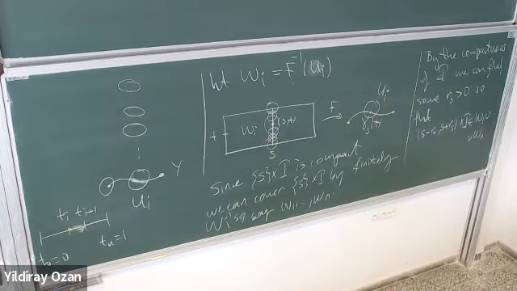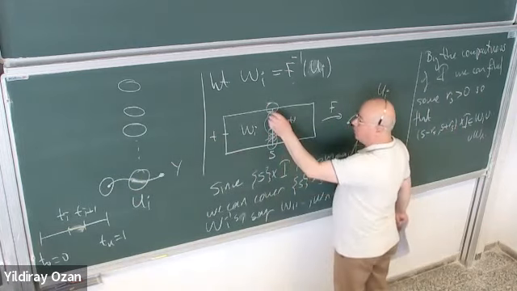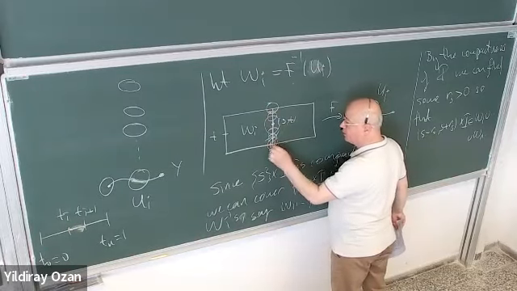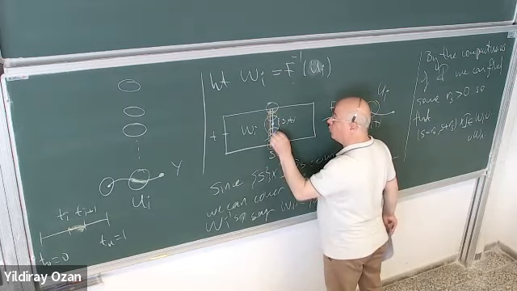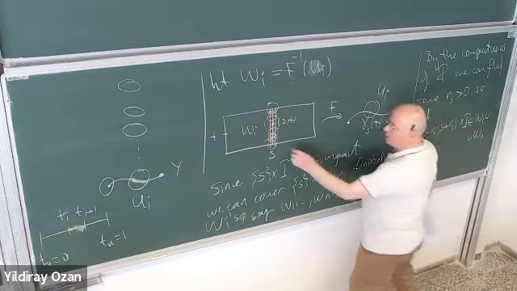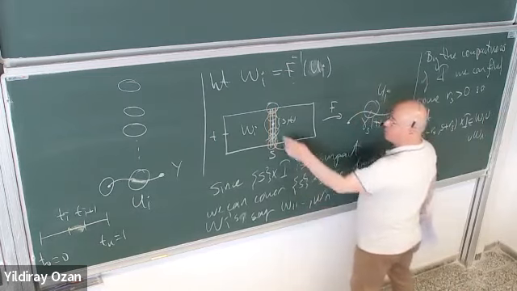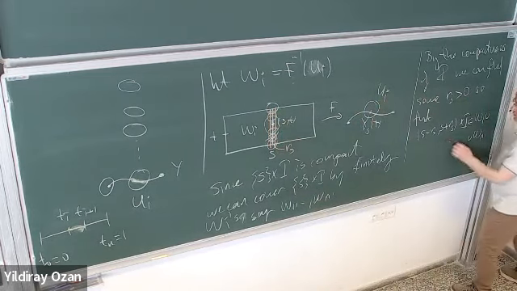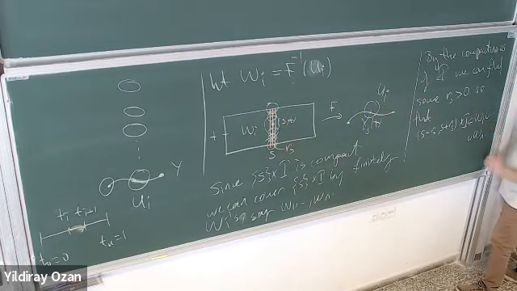I can choose some interval around this point, something like this, so that this whole band, where this radius is R_s, is contained in this union.